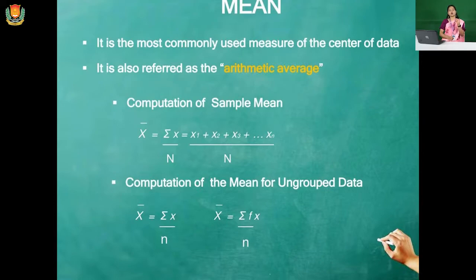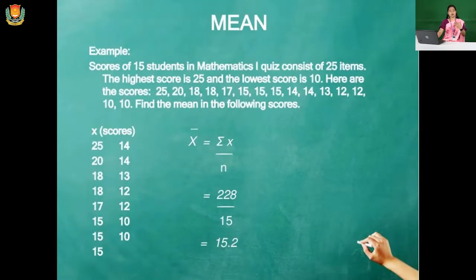That total will be divided by the number of observations, but over here the number of observations is not 5 or 6, it will be the total of the frequencies, in simple terms the summation f. So the formula will be summation fx upon summation f, which depicts the grouped data.